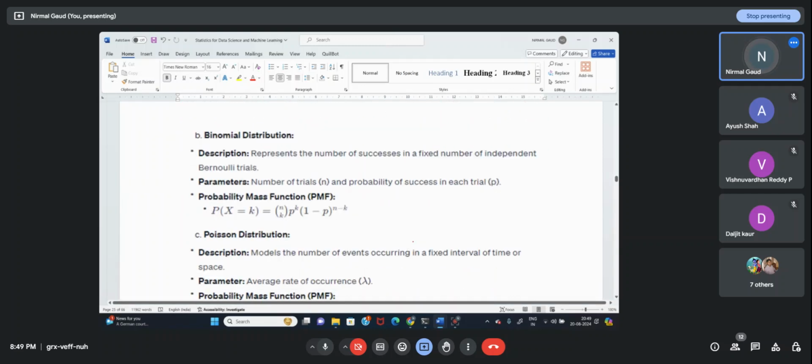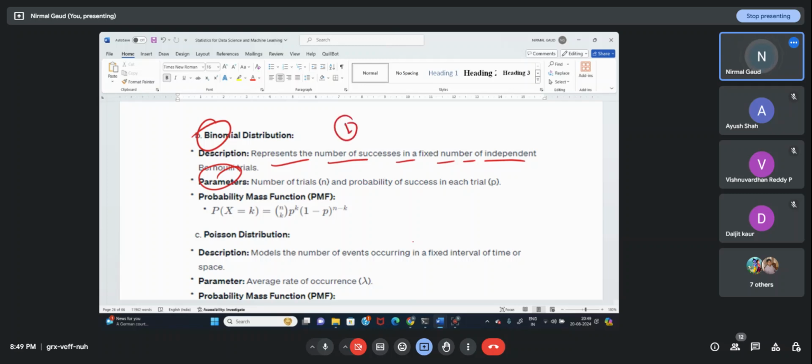We also have the binomial distribution, where the number of successes in a fixed number of independent Bernoulli trials is represented. That means Bernoulli we did one time.